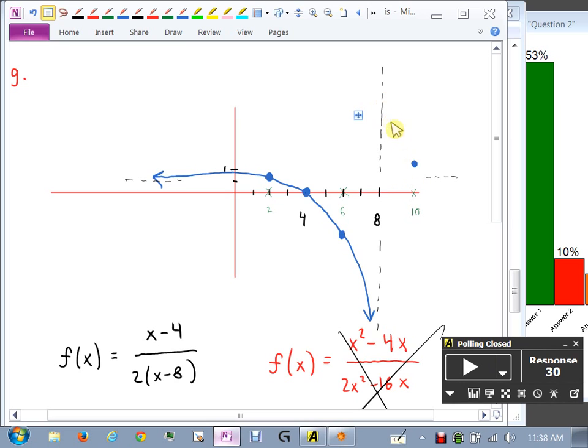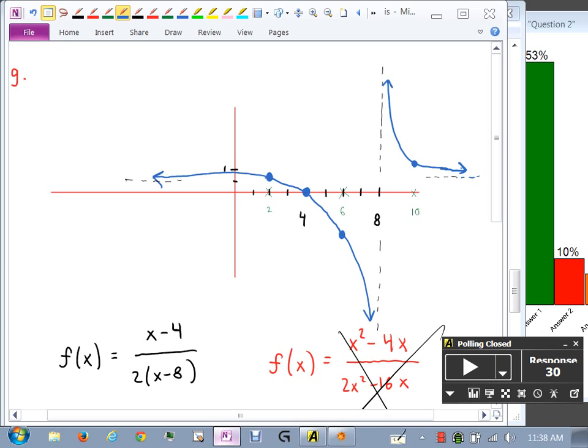And when I draw it to the right, it's going to go towards the magnet, right? So to the left, it goes up. To the right, flattens out towards that line. And that's it.